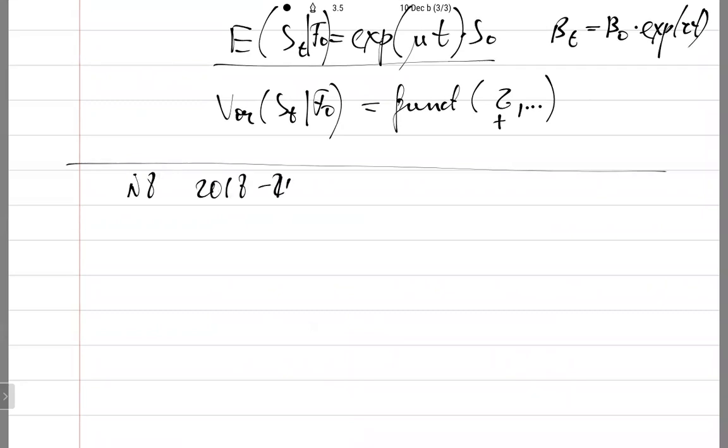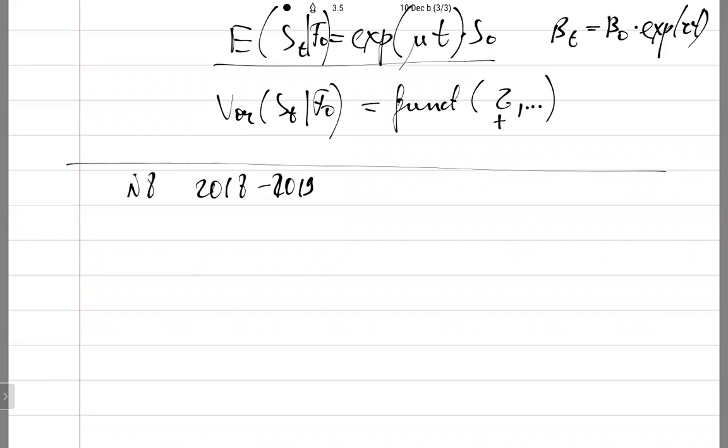It's a stochastic differential equation.